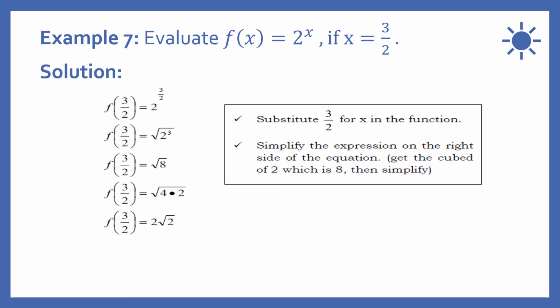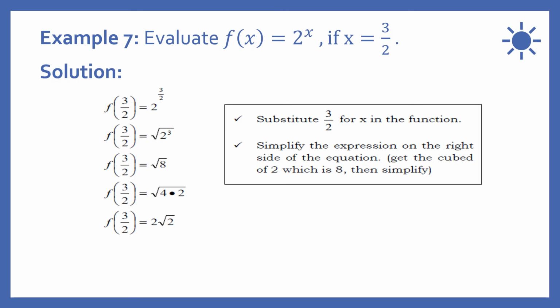And then, simplify the expression on the right side of the equation. Get the cubed of 2, which is 8, and then simplify. Bakit ba naging 8? Okay, so solution natin, f of 3 over 2 equals 2 yung base natin. Ang exponent natin ay x, so papalitan natin yung 3 over 2.